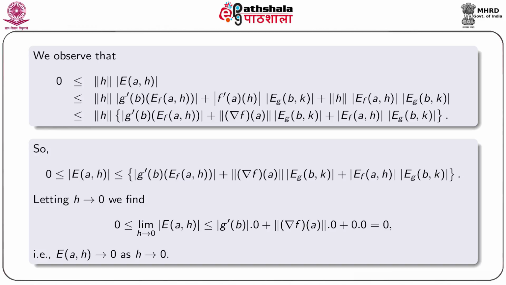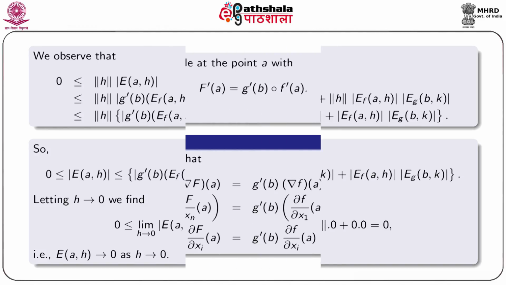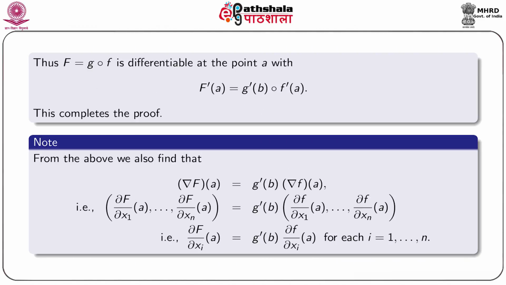So, letting H tend to 0, we find that the limit of modulus E(A,H) as H approaches 0 is sandwiched between 0 and 0, that is E(A,H) tends to 0 as H tends to 0. Thus, the map F equal to g compose f is differentiable at the point A, where F'(A) equal to g'(B) composition f'(A). This completes the proof.